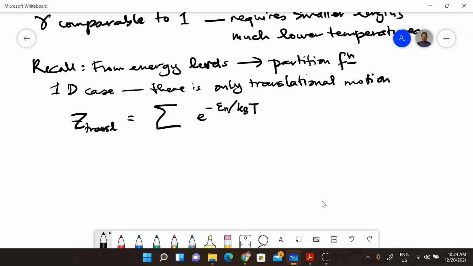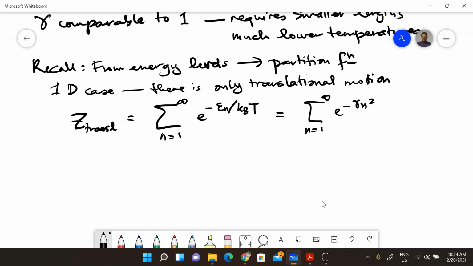And this is going to be a sum from 1 to infinity. Or, since we have already defined your gamma previously, this is the sum from n equals 1 to infinity of e to the minus gamma n squared. Remember that your epsilon contains some constants multiplied by n squared.